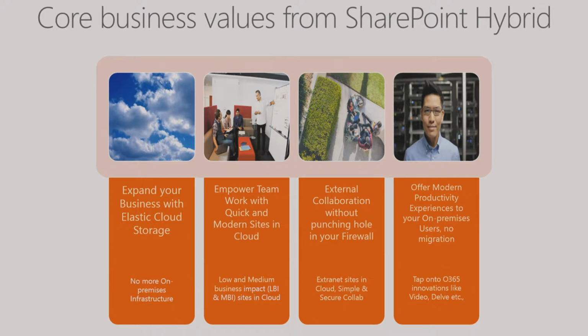At the same time, they get access from anywhere, all those benefits as well. For each of these values, I have a separate slide. I'll go into detail. The second key pillar is empowering teamwork with quick and modern sites experiences. Like I said, in Office 365, we evolve the experiences fairly quickly.